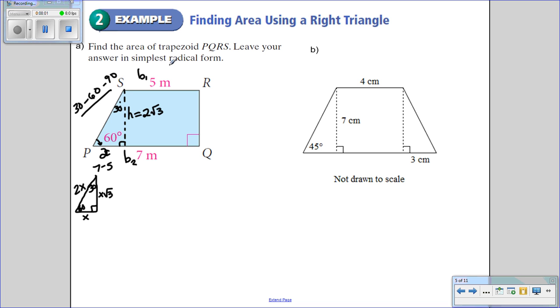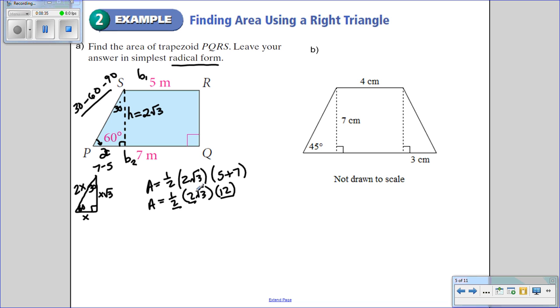Now this says leave our answer in radical form. So let's plug this in. 1/2 the height, which is 2 radical 3, times base 1, 5, plus base 2, 7. So let's calculate that. First thing I always do is inside the parentheses, add the two bases. That's 12. Now I'm going to multiply all of the constants.